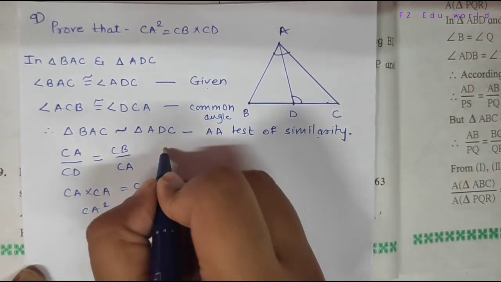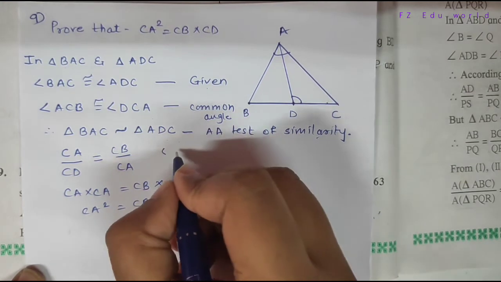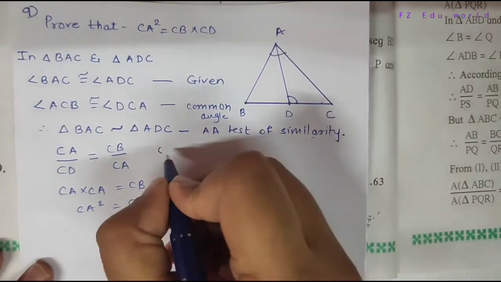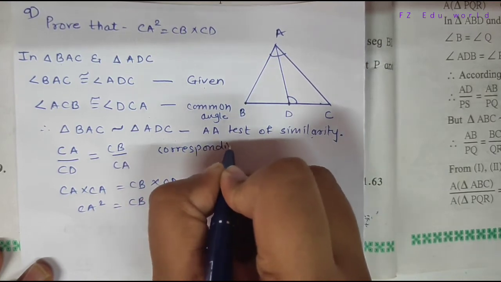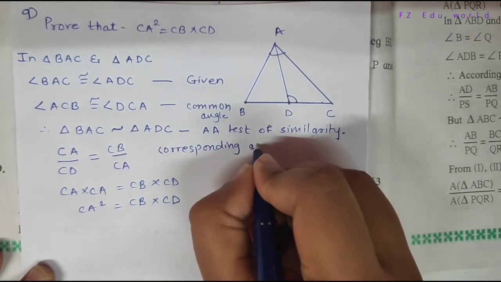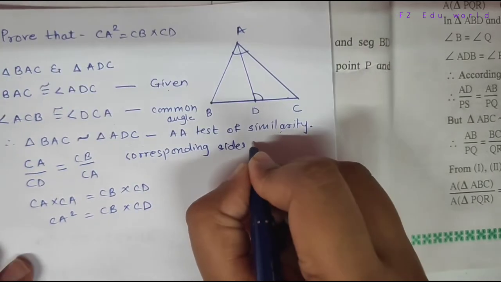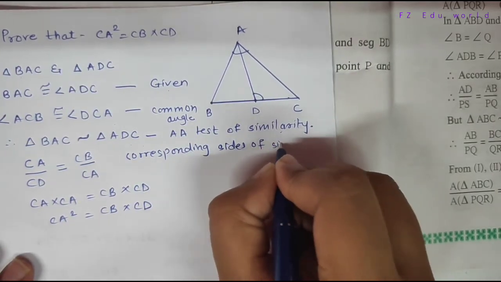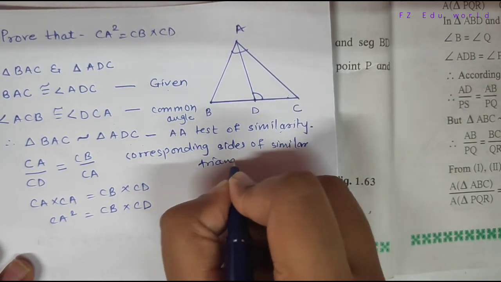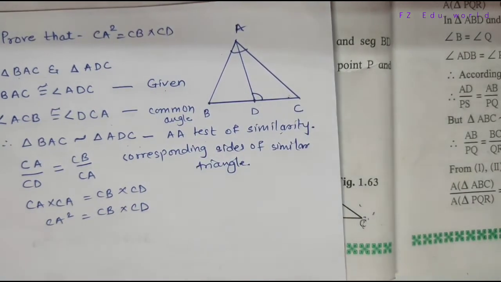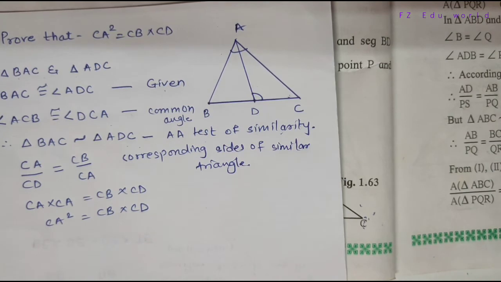Here we have to write that corresponding sides of similar triangles are in proportion. In this way we have completed practice set 1.3.